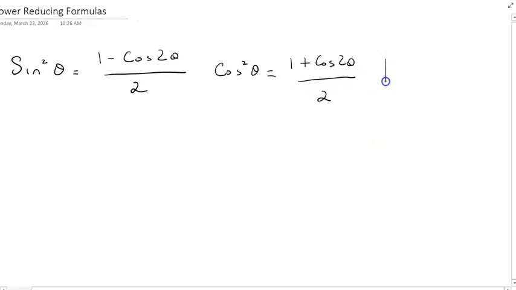And tan squared theta is actually, if you think about tan as being sine over cosine, reduce the 2's, and you get 1 minus cosine 2 theta over 1 plus cosine 2 theta.